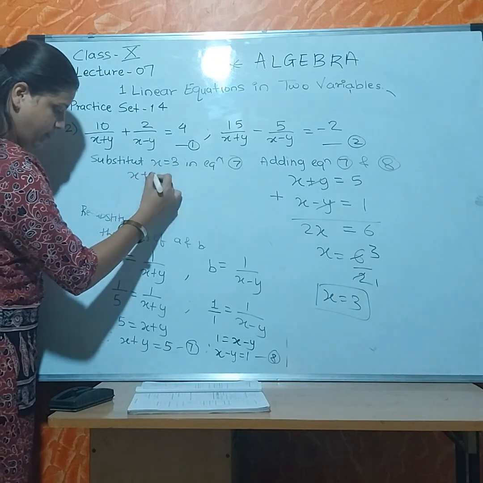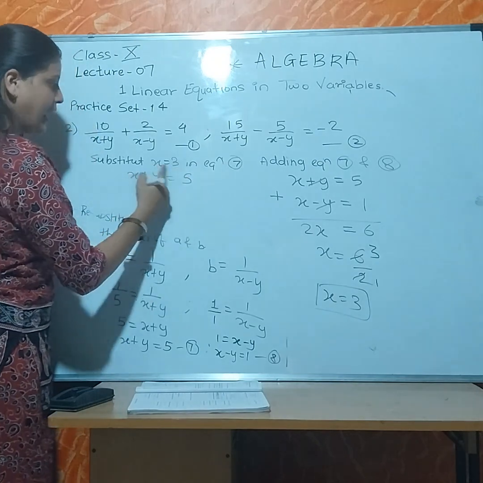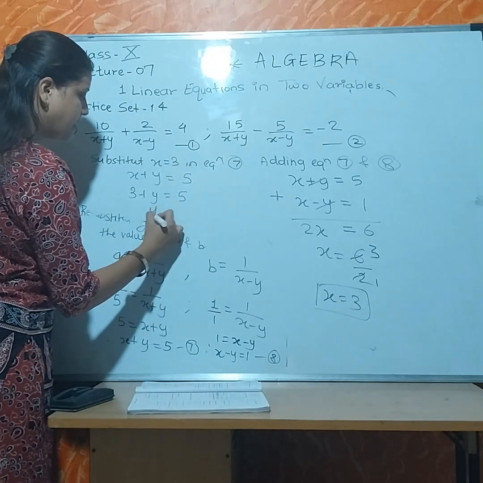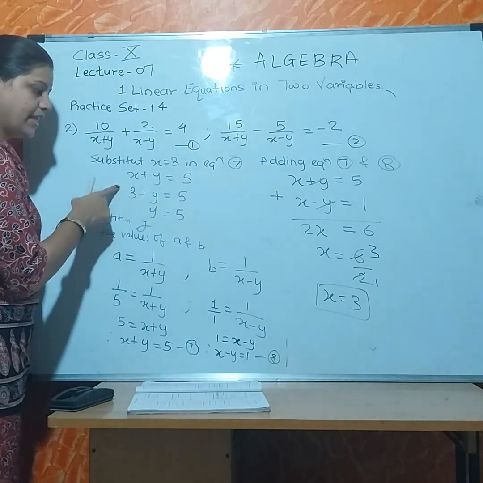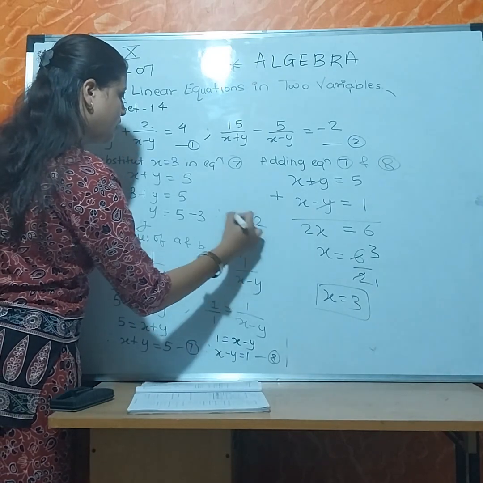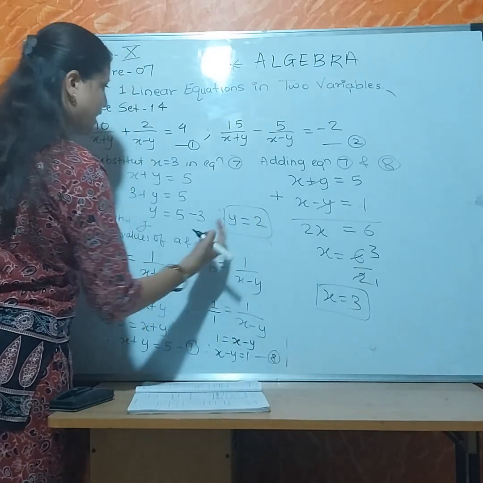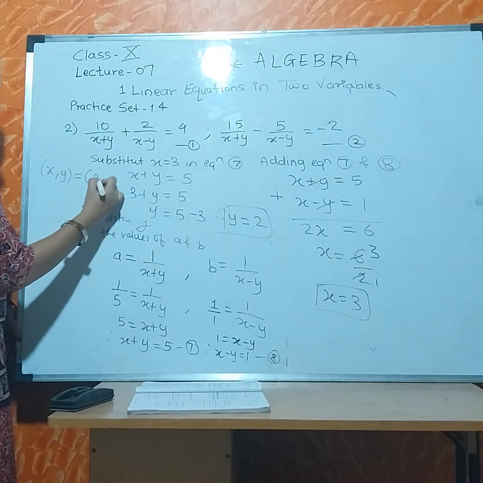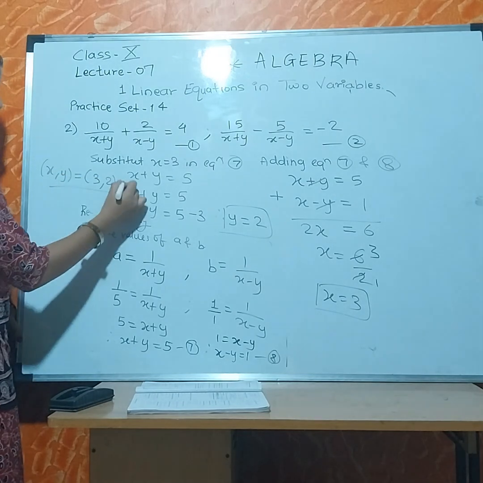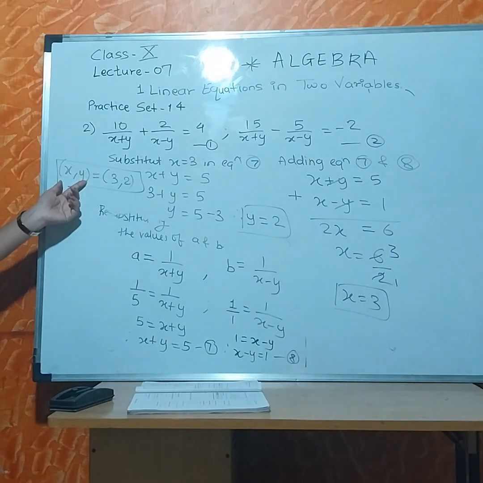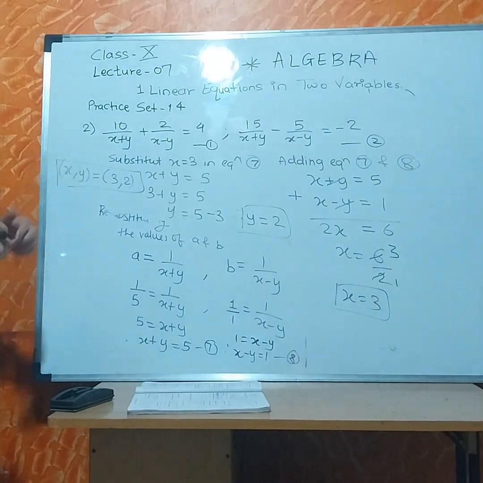So x plus y is equal to 5. x is 3 plus y is equal to 5. y is equal to 5 plus 3, here it goes minus 3. Therefore y is 2. We got the values of x and y. x comma y is equal to 3 comma 2. So we got the solution. Coordinates of x and y are 3 and 2.